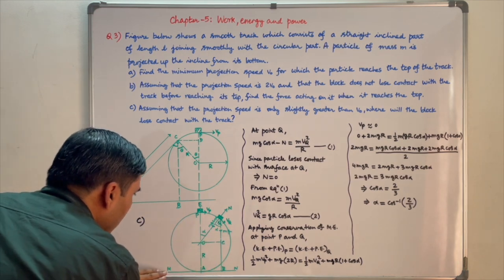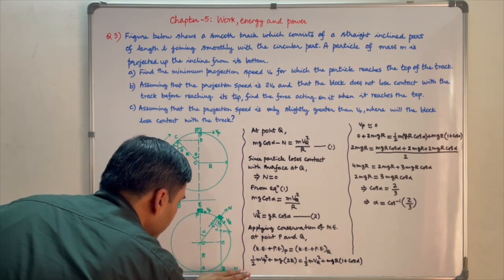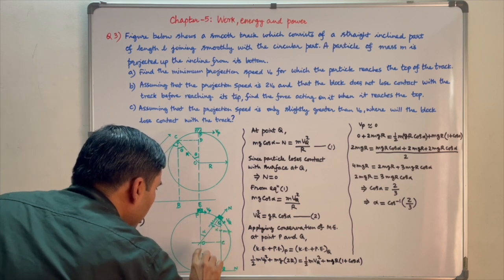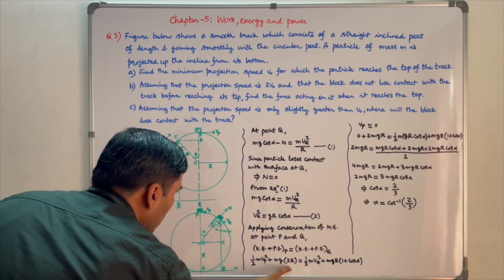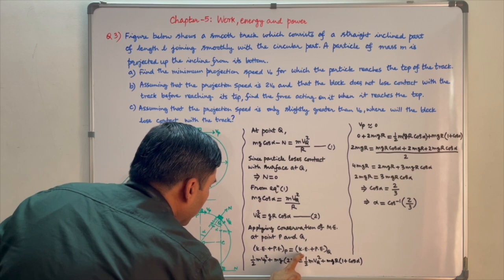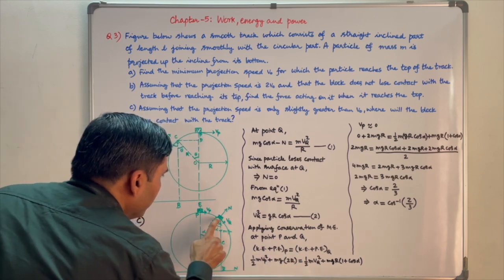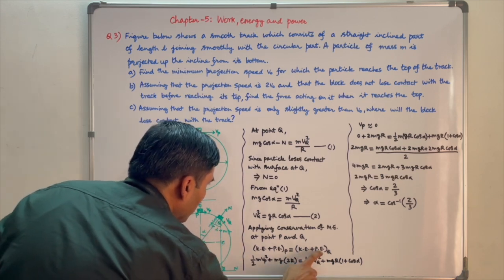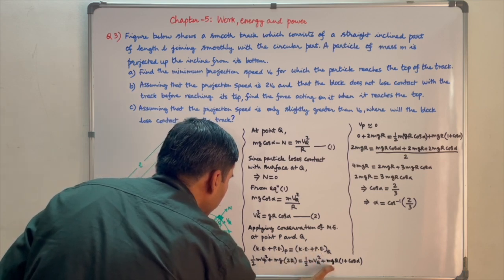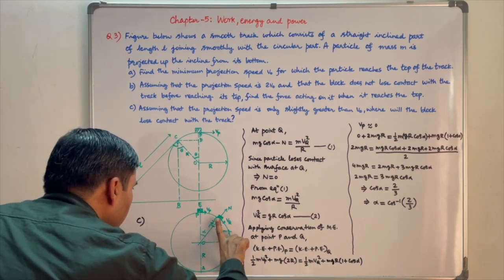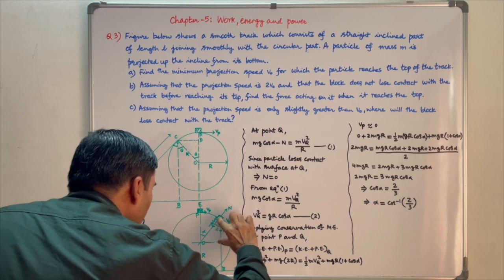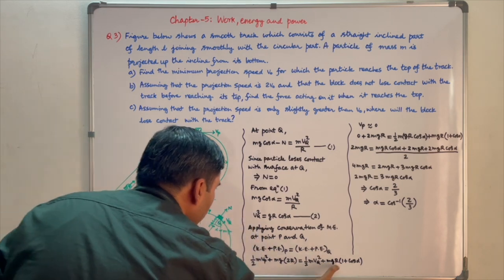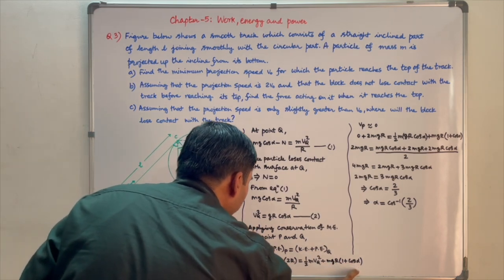Suppose we are taking line MN as reference. So this height will be r plus r, that is 2r. Kinetic energy at point Q is half m Vq², and potential energy will be mg into this height, and this height is r plus r cos alpha, that is r into (1 plus cos alpha).